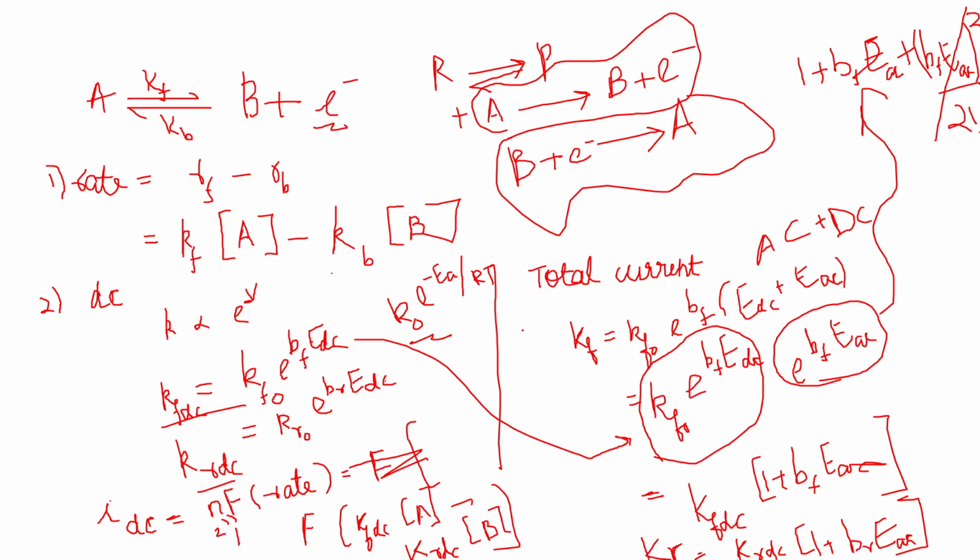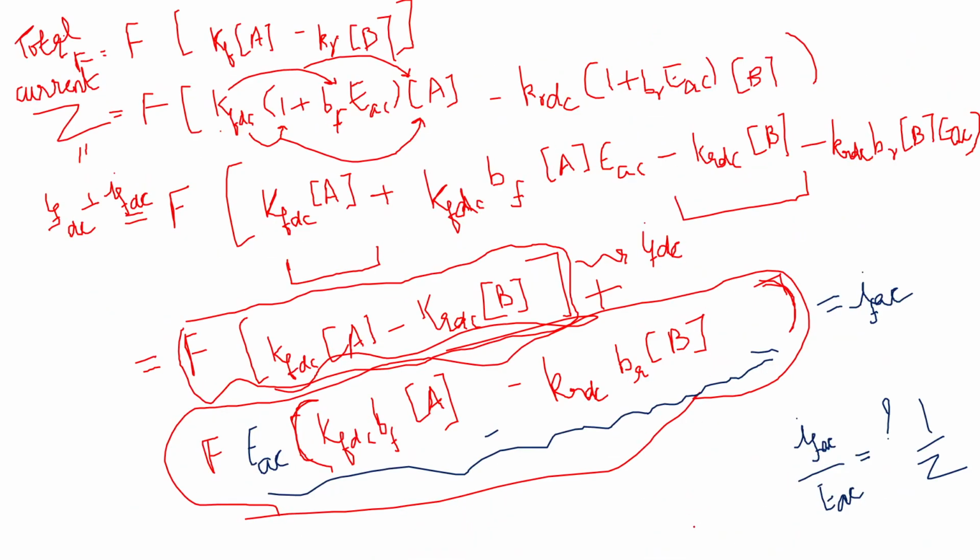You will substitute. Now we have to find out what happens when the total current is AC plus DC. So you have to find a separate equation for kf and kr when AC and DC currents are flowing together. Then I'll write the formula for the total current, that is nF into the total rate. From that, I'll separate IfDC and IfAC. Once I get IfAC, I can take out the EAC from that equation and I'll get the impedance.